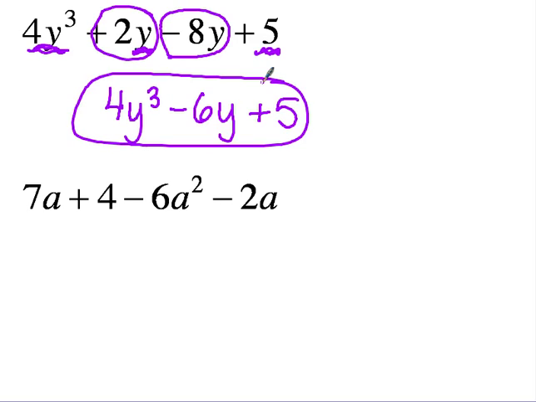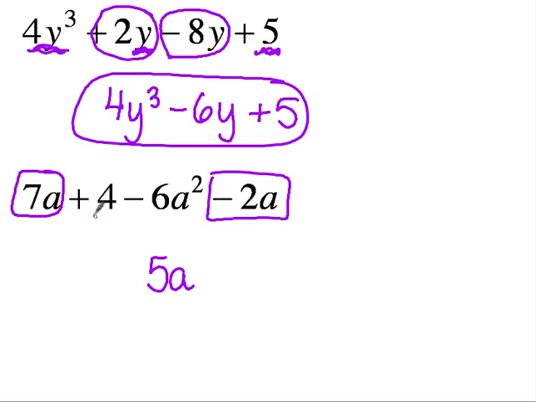Okay, let's look at the last one. 7a plus 4 minus 6a squared minus 2a. So I start with the 7a. Is there another term with an a in it? Just an a? Yes. So 7a and negative 2a are like terms. What does that give me? 5a, good.